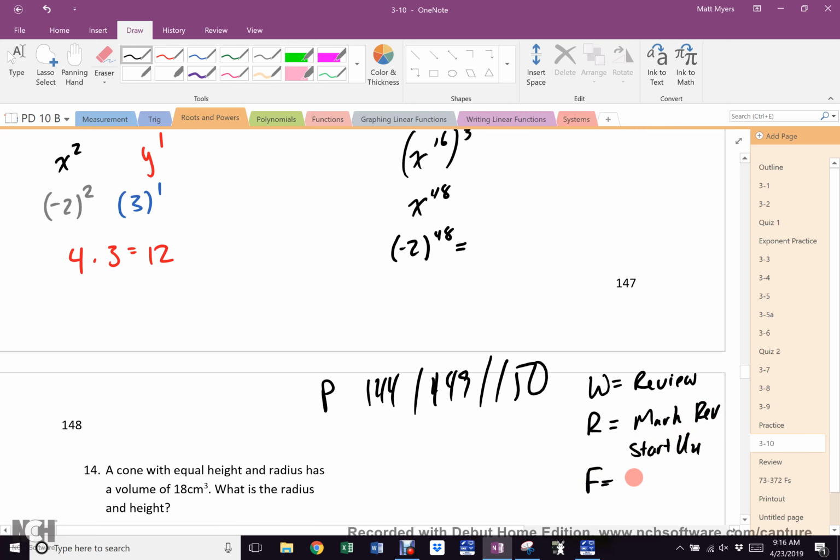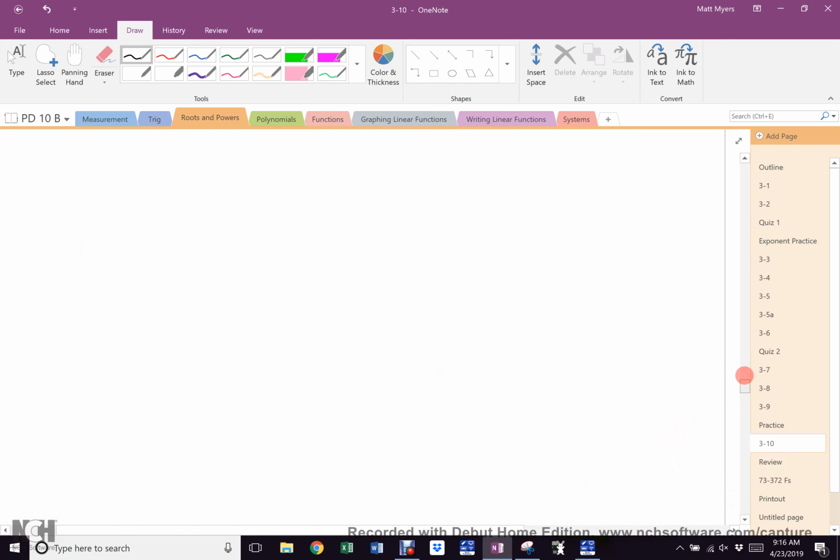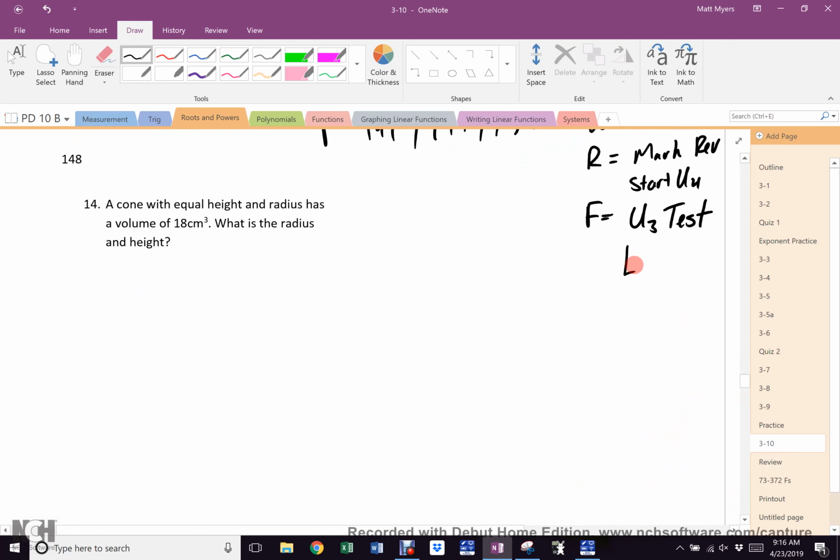Friday, Unit 3 test. Unit 3 test is radicals, exponents.